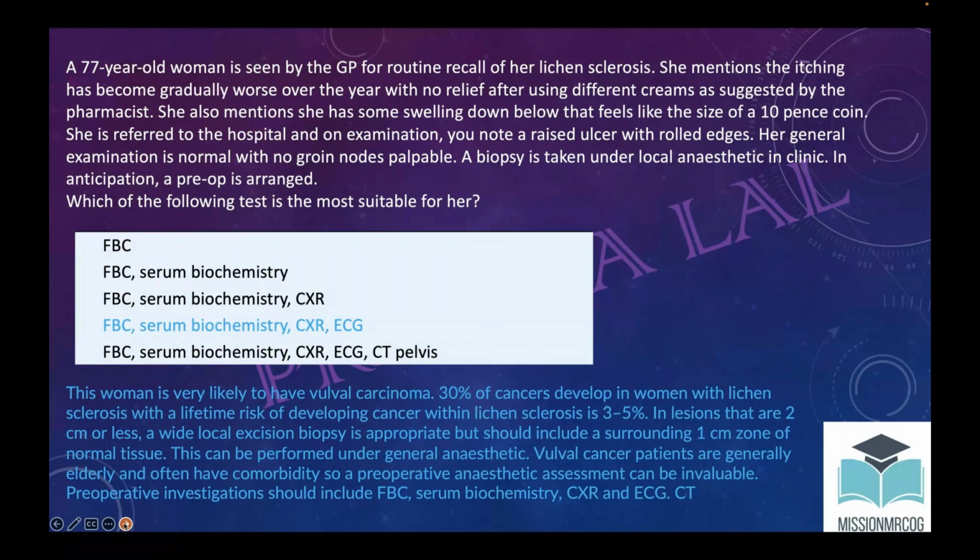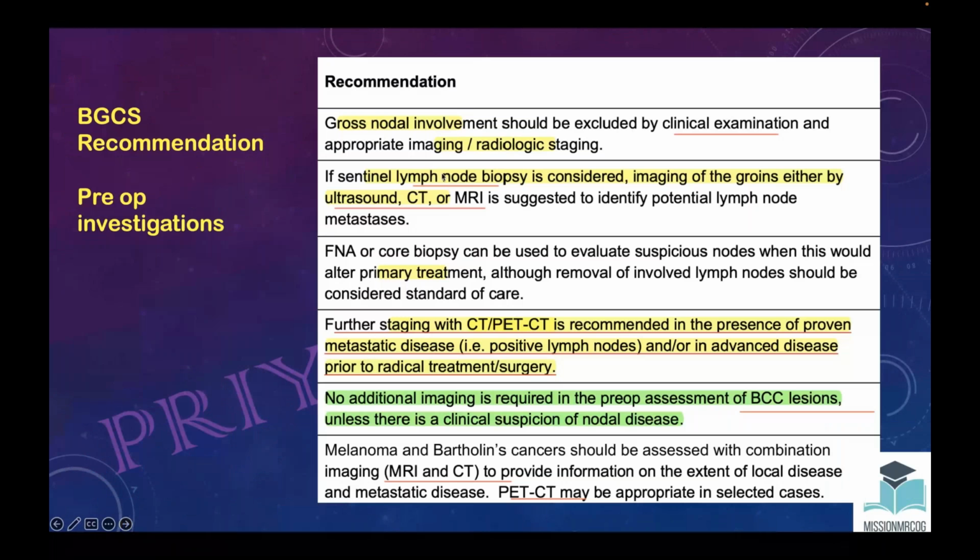this is again from the pre-op recommendations. So they say for imaging, because on the basis of imaging only they will decide whether a sentinel node biopsy has to be considered or not. And they say that it has to be excluded by clinical examination and imaging. So imaging they have said, so according to the new guideline the answer should be CT, CT pelvis included.